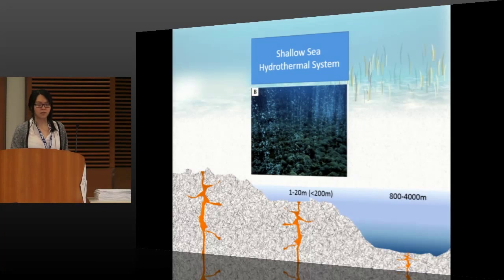Shallow sea hydrothermal systems are a geochemical and physical transition between the other two systems. It's more complicated than the other two systems, and it's very interesting. However, not much research has come here, so the shallow sea hydrothermal system is just like a golden mine to open up.